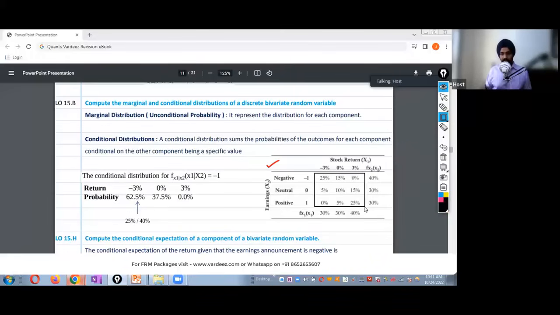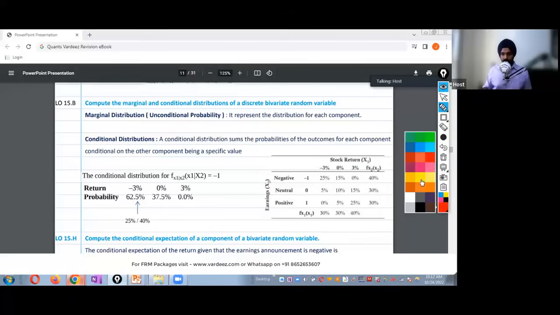Inside the table, this is my joint probabilities. Remember joint probabilities? We saw that in the first chapter. That's the joint probability of two things, x1 and x2. And outside the table, that is my marginal probability, which is what the learning objective asks us to compute.